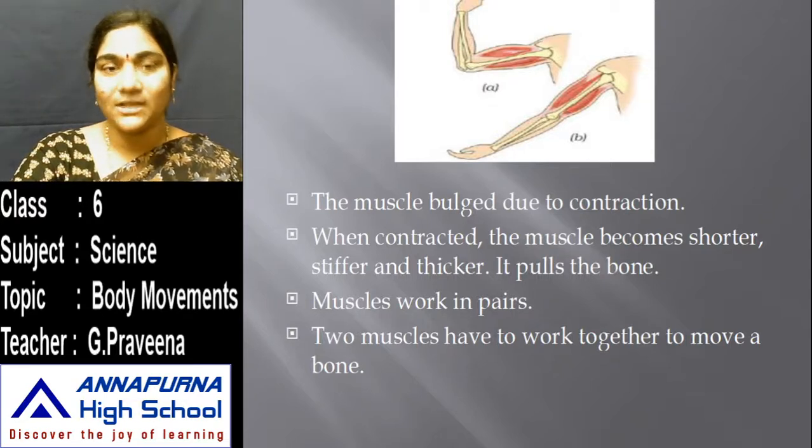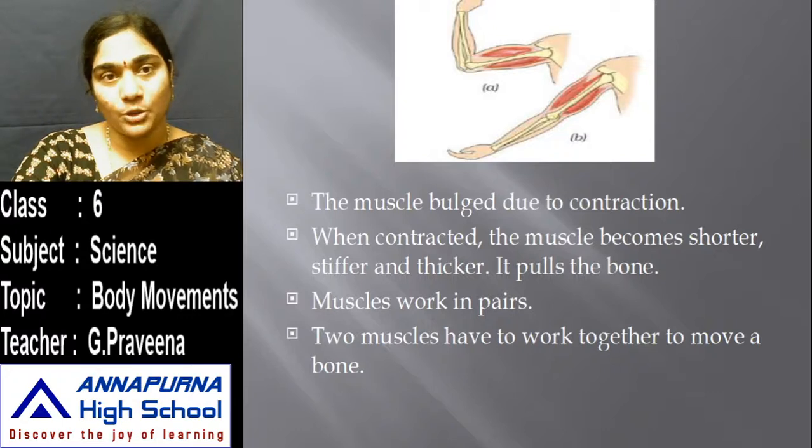And these muscles work in pairs. Two muscles have to work together to move a bone. So how are these two muscles working here? The swollen region which is stiffer is where the muscle gets contracted. The region where the muscle gets contracted pulls the part towards itself, whereas the muscle present below it gets relaxed.